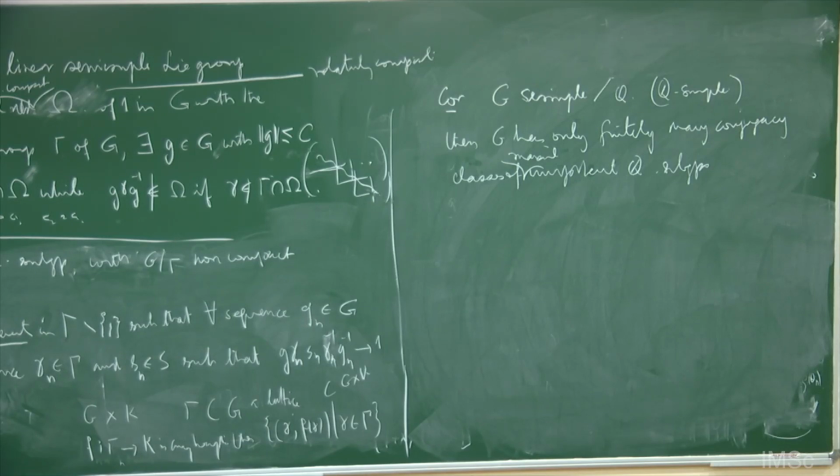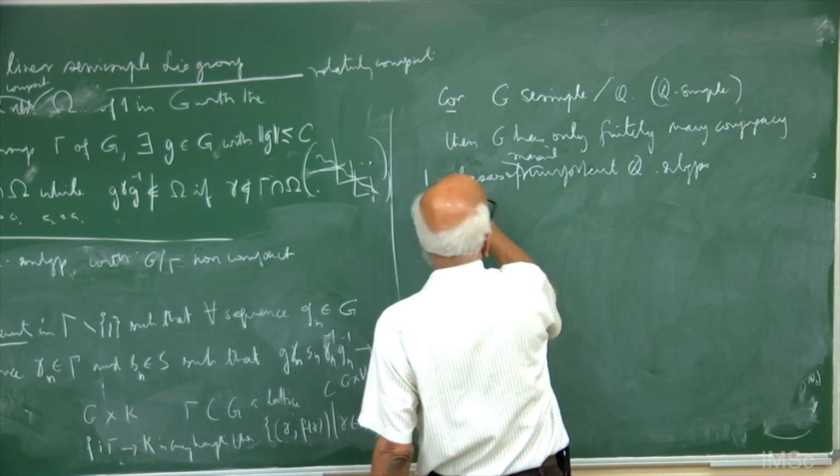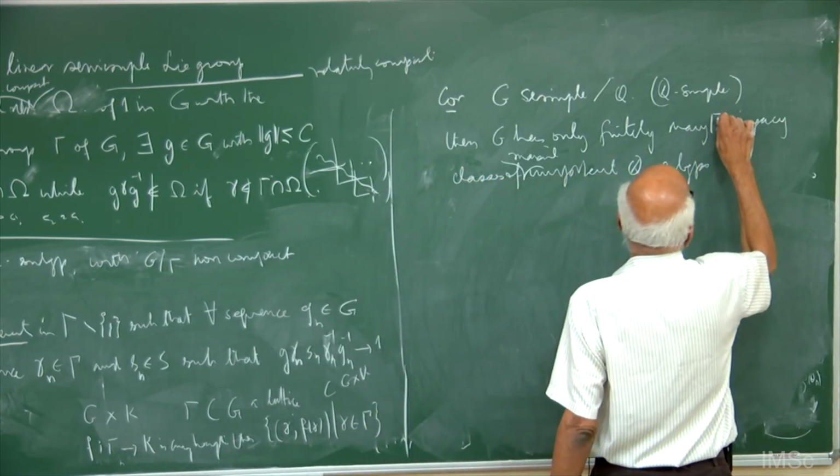Finitely many gamma conjugacy classes. Gamma is an arithmetic subgroup.